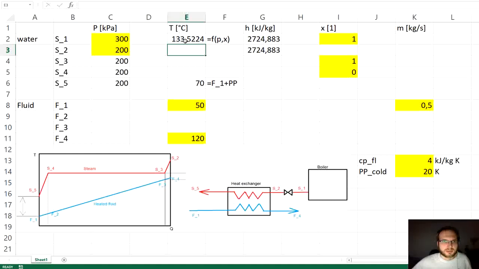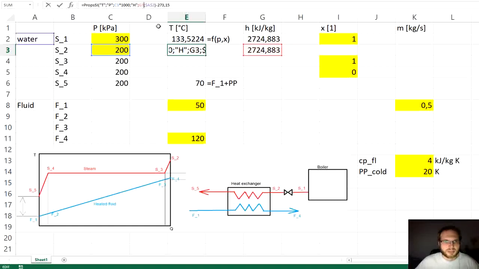Now if you don't want to always use the function dialog and write the functions from scratch for the props SI, we can use the previous function and just modify quickly the inputs. So the fluid was obviously water. We can even lock that parameter by F4. Then still we will want to use the pressure, that is correct. And the other parameter will not be quality, but it will be enthalpy.